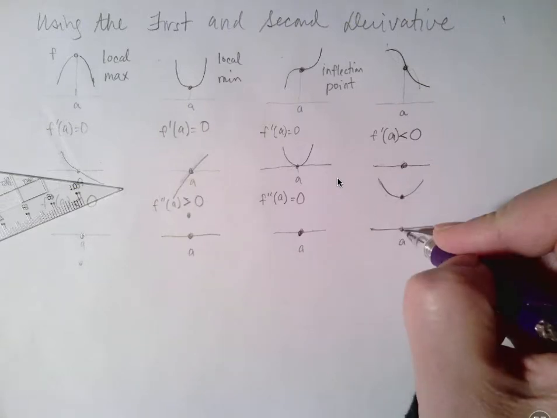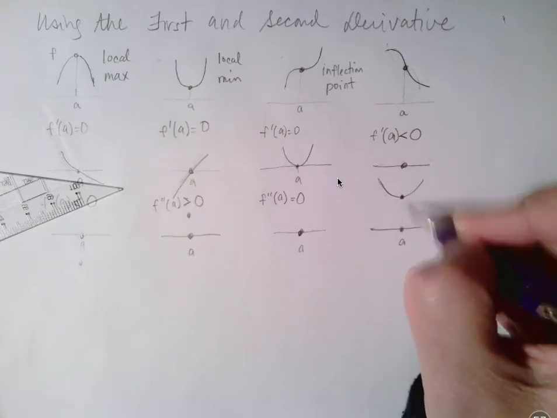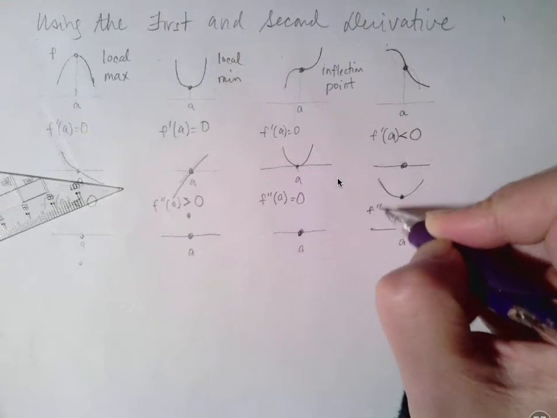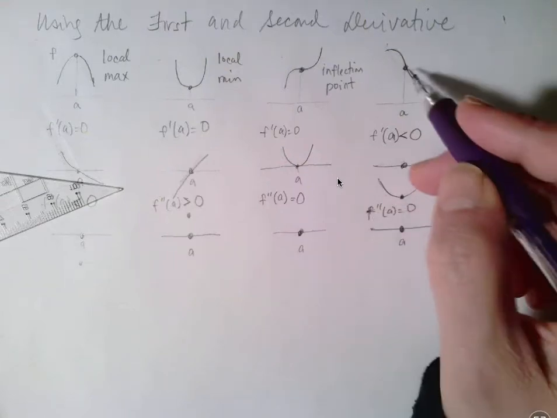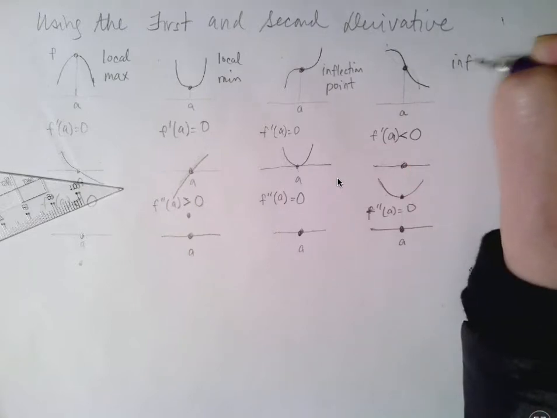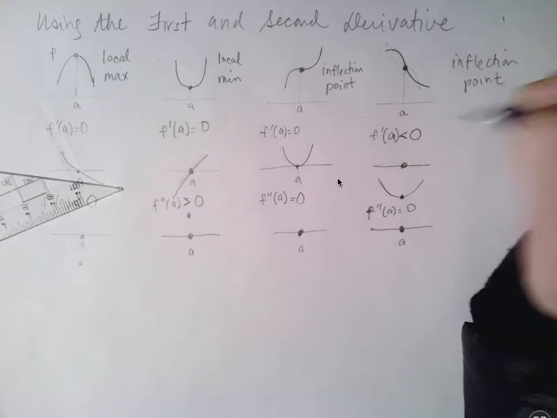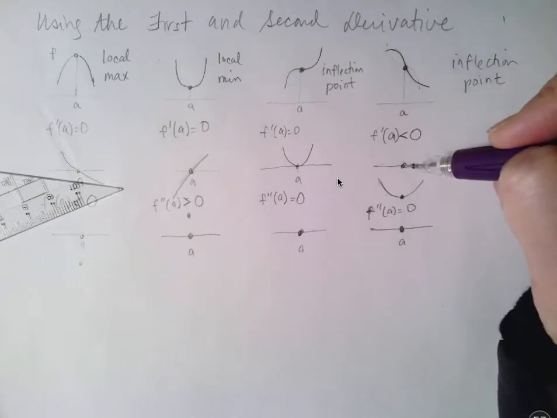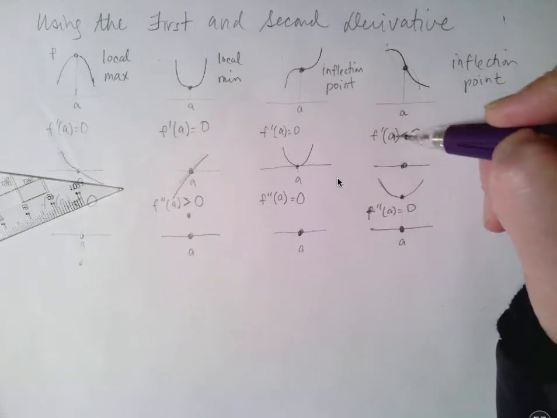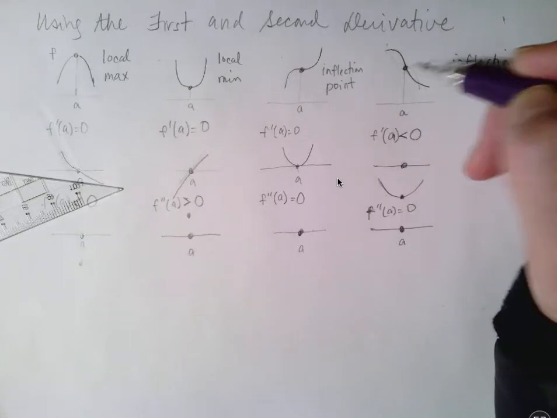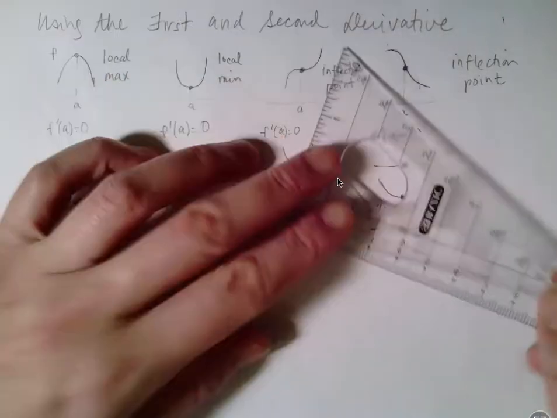So f double prime at A is also 0. So f double prime at A equals 0 at this point. This is also an inflection point. Even though the first derivative at A is not equal to 0, the first derivative at A is negative here because the slope is negative.